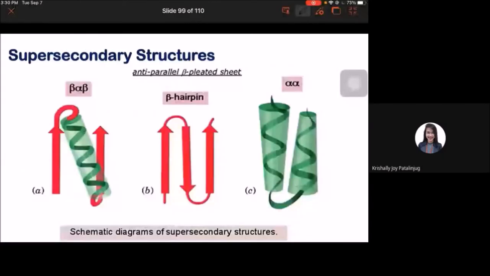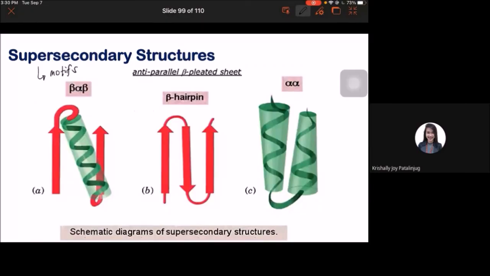So, ang tawag dyan, super secondary structure. I repeat, midway siya. This is also known as motifs, aka motifs.